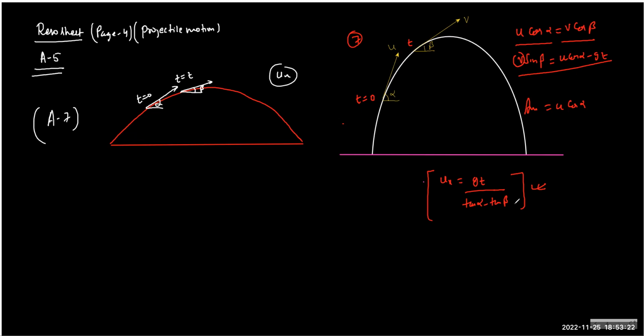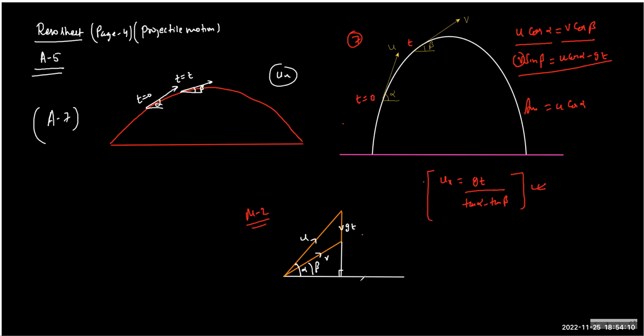Okay. Can we do this by vector method? U, GT, V, alpha, beta.